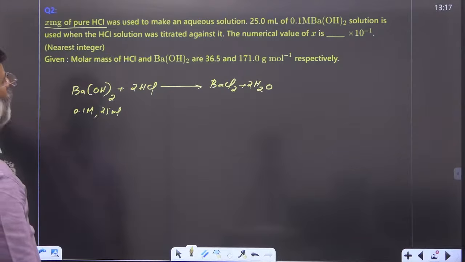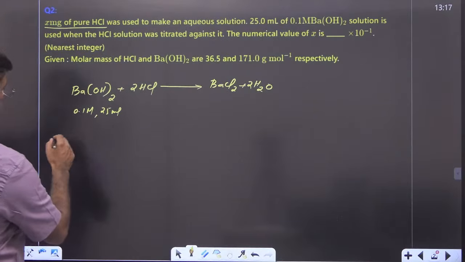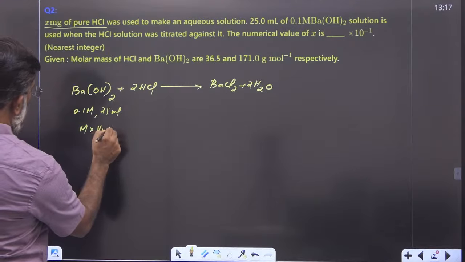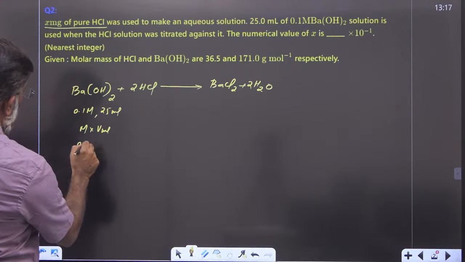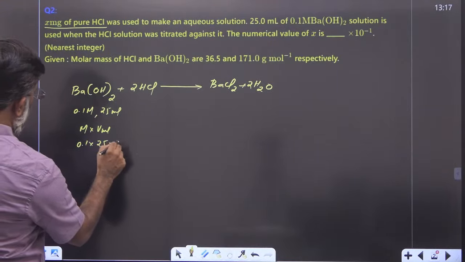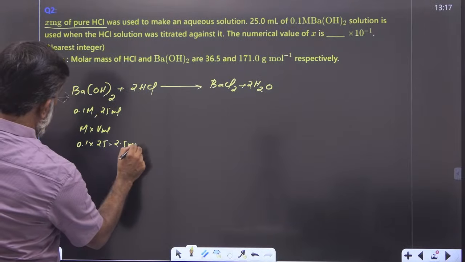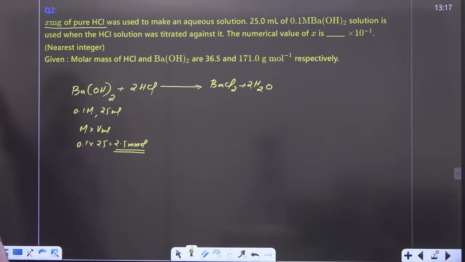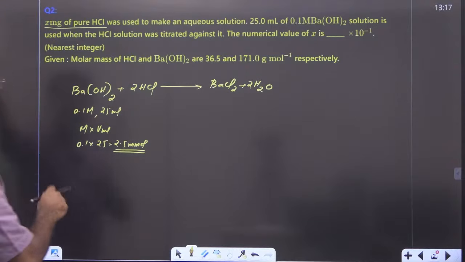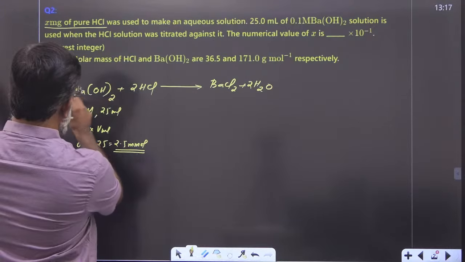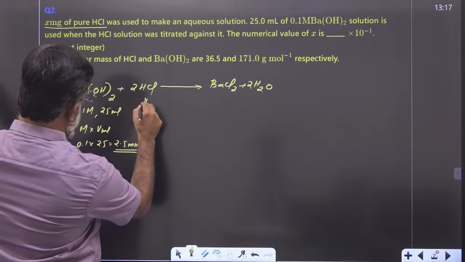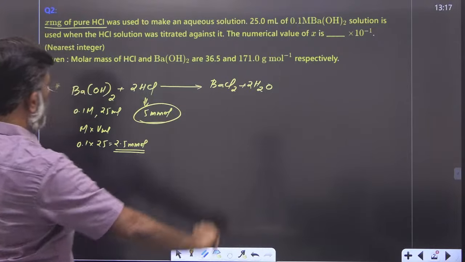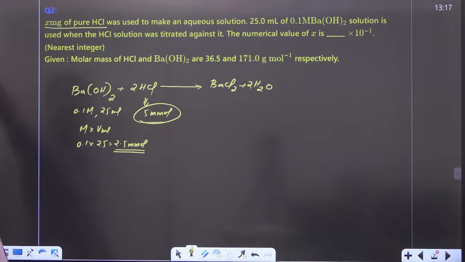That means molarity into volume in milliliter, that is 0.1 into 25. 2.5 millimole ആണ് barium hydroxide, right? അങ്ങനെയാണെങ്കിൽ HCl എന്ത് വേണ്ടി വരും? 1ന് 2 വേണം. അപ്പോൾ HCl വേണ്ടി വരുന്നത് 5 millimole ആണ്.